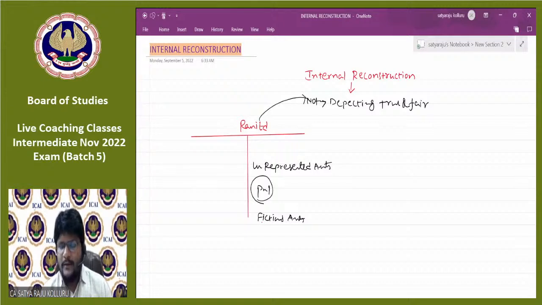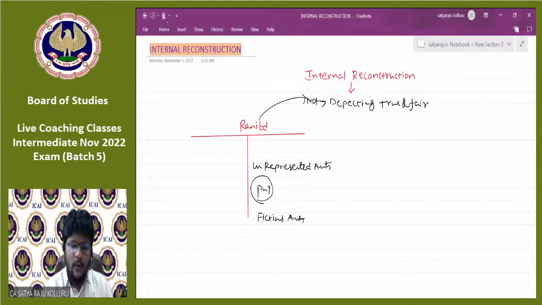And one more thing, guys, in case of internal reconstruction, what really happens here? Which provisions will decide the entire process or the accounting treatment of internal reconstruction, sir? Is there any accounting standard available, as with amalgamation?